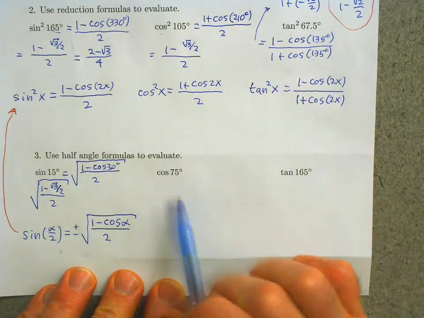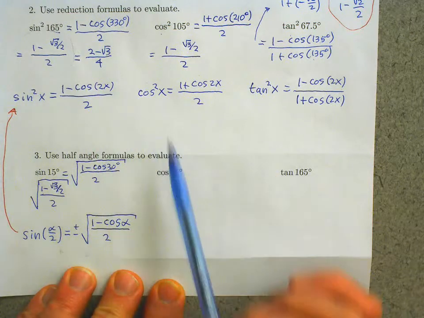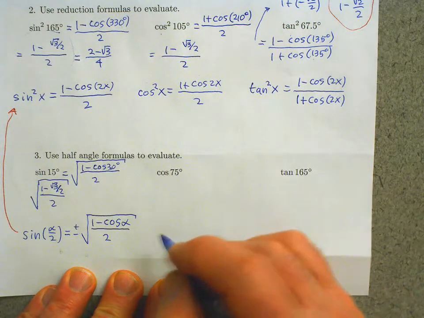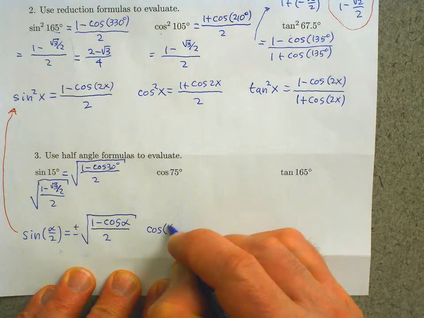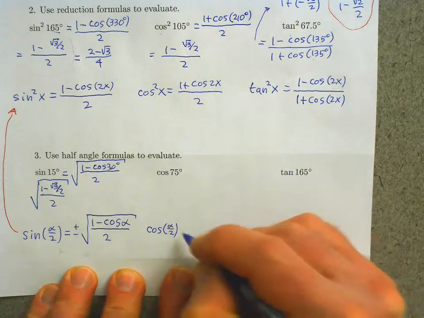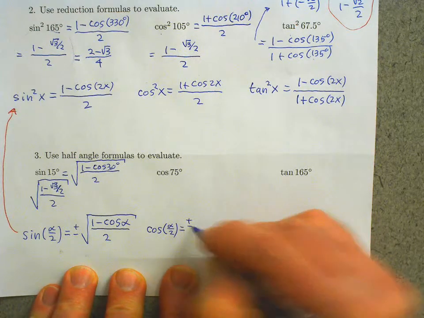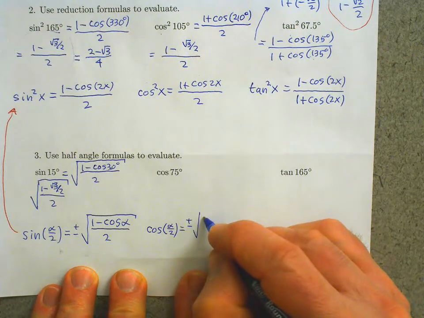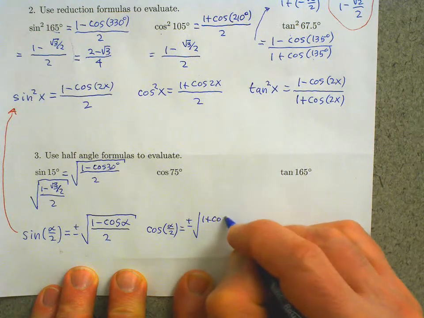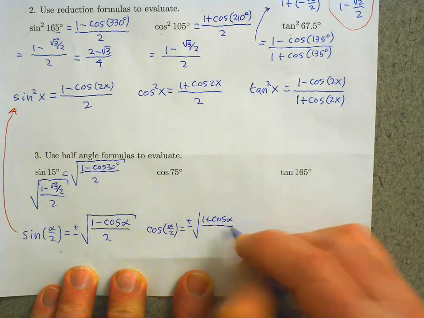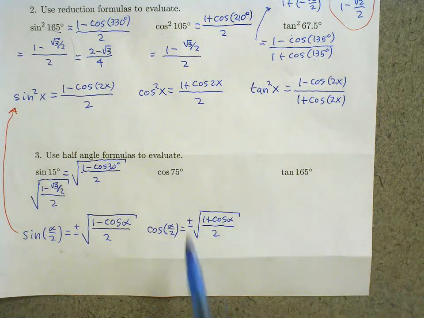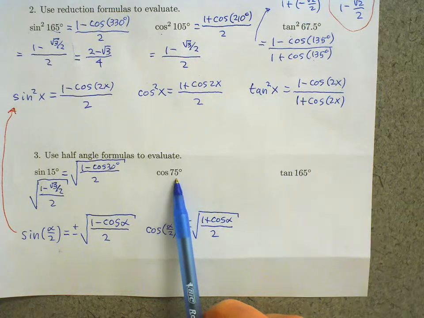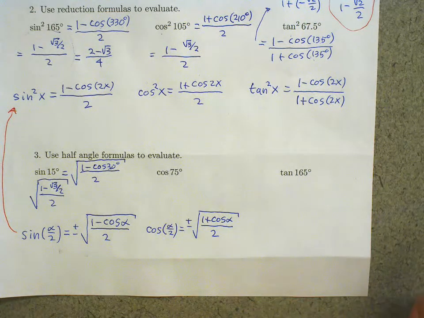Okay, the half angle formula for cosine of alpha over 2 is positive and negative square root of 1 plus cosine of alpha over 2. Cosine of 75 degrees is positive because 75 degrees is in the first quadrant.